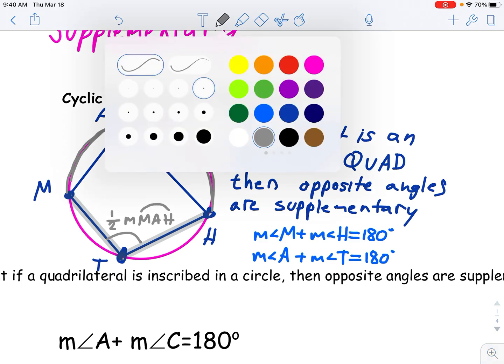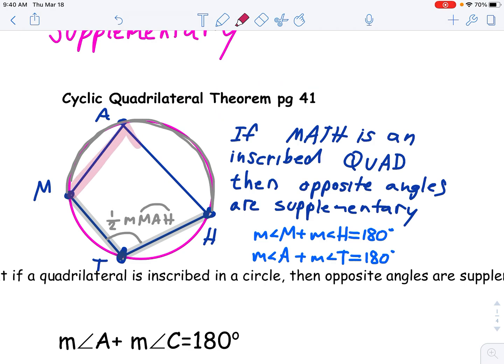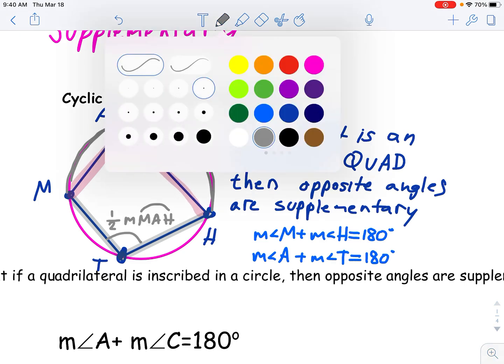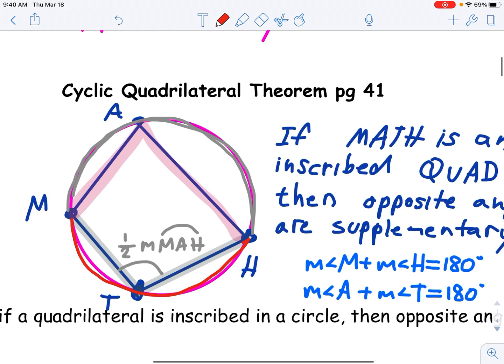Then if we focus on angle A, the opposite one, this angle is half of the minor arc, we'll say TH, just to be uniform.